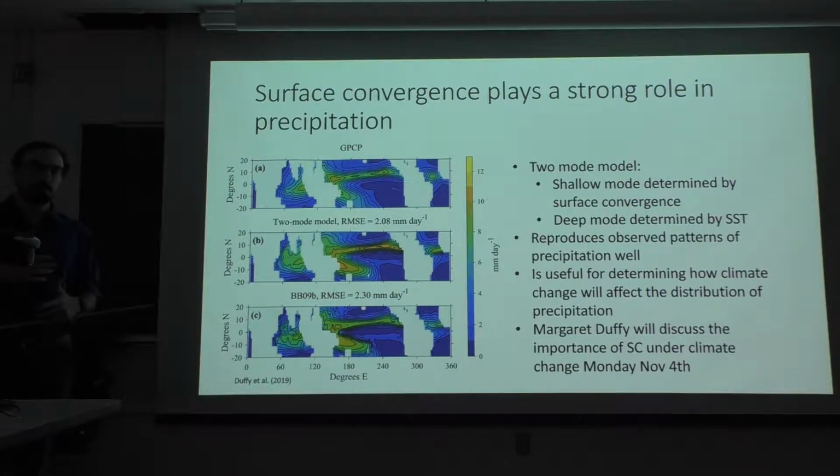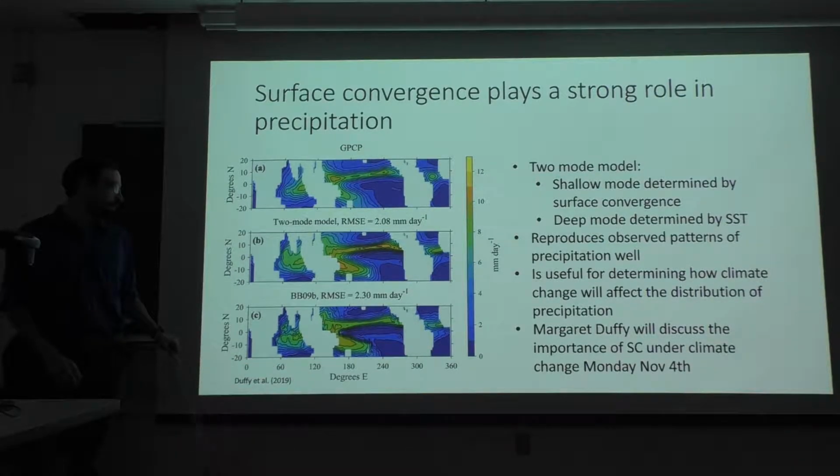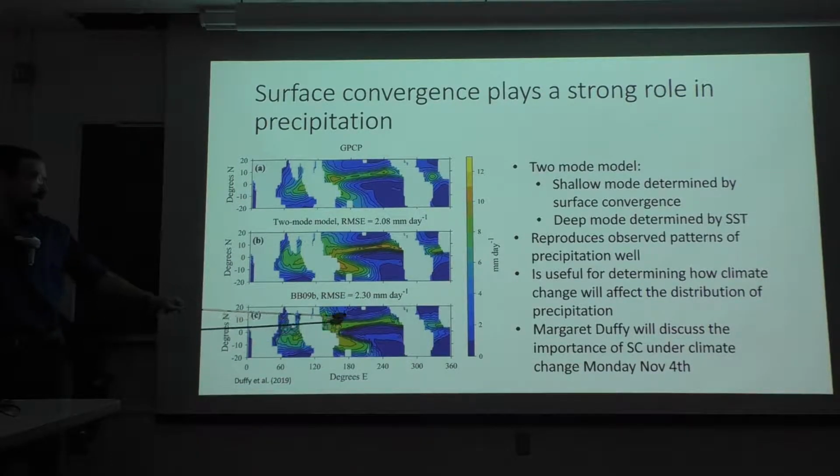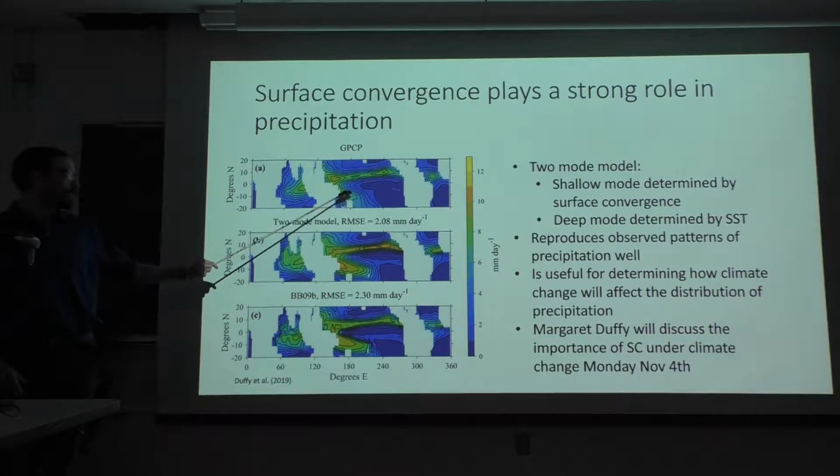And then you have a deep mode, which is determined essentially by the local SST and the local SST anomaly compared to the mean. Then from each one of these modes, you can ascribe a precipitation rate, and then they add linearly to give you the total precipitation. When you do this, you get a pattern of precipitation that pretty closely matches what's observed.